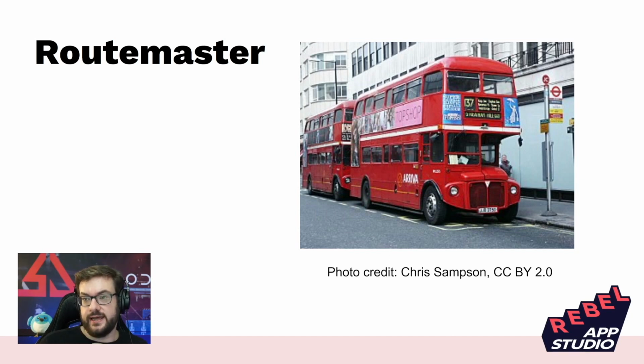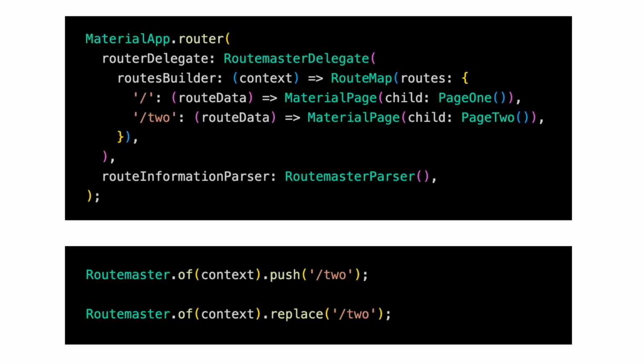And if we take a little look at some code samples as to how this works and kind of how it compares to the full low-level API that you saw earlier, I think you'll see it's a little bit simpler. So this is how you configure the routing using Routemaster. You create MaterialApp.router and you pass in a Routemaster delegate, which kind of handles most of the complexity for you, or at least tries to.